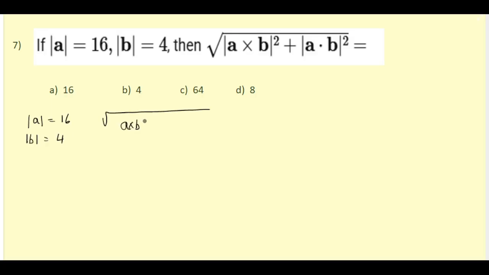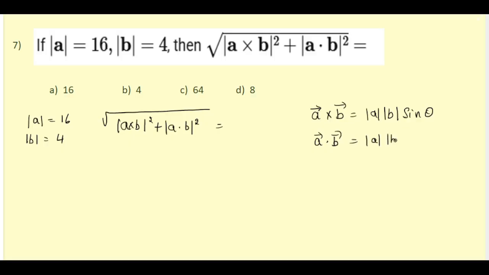We know that cross product of vector A and B equal to magnitude of A into magnitude of B into sin theta, and dot product of vector A and B equal to A vector into B vector into cos theta. Substitute the values here.